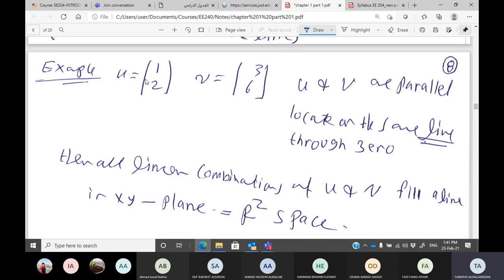So what's the linear combination of U and V? The linear combination of U and V is a line. Why is it a line? Because if you look at V, it is 3 times U, right? So U and V are on the same line. So their linear combination is not a plane, it is a line.